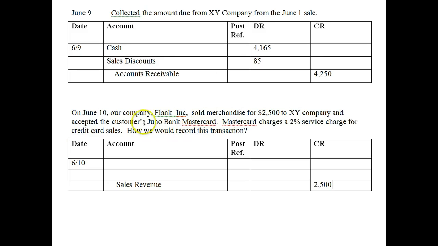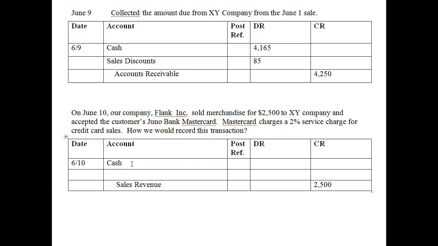Now, we said that if it is a national brand card, like MasterCard or Visa that's sponsored by a bank, we record it as a cash transaction. Now, when we're looking at this, cash would be going up or down? Correct, it'd be going up, and to take cash up in our accounting world, we debit the account.